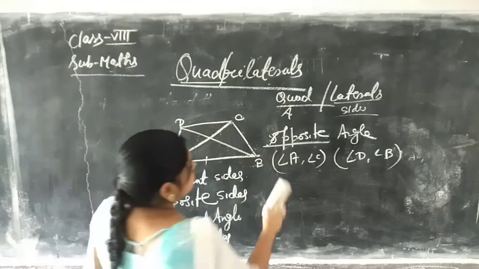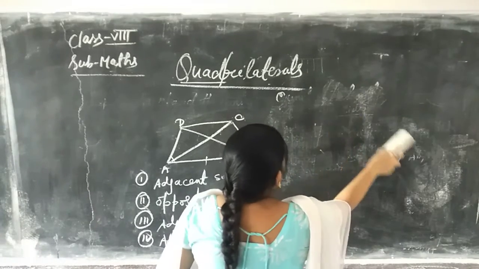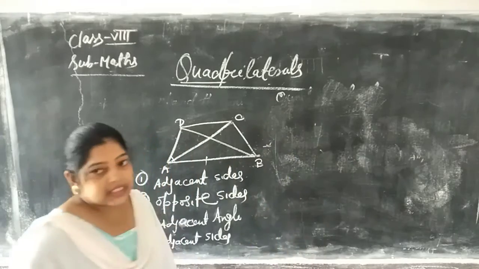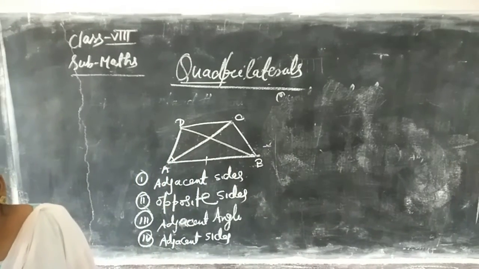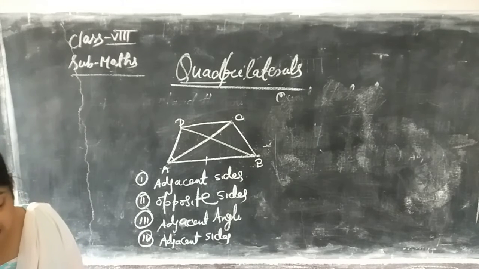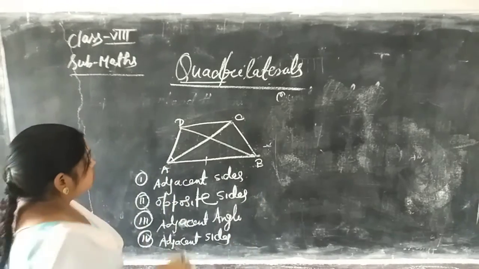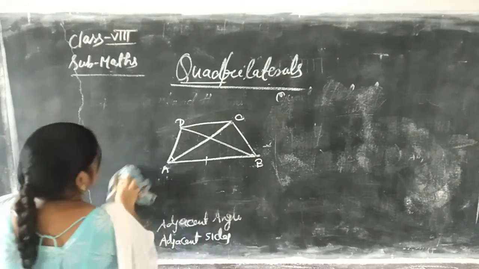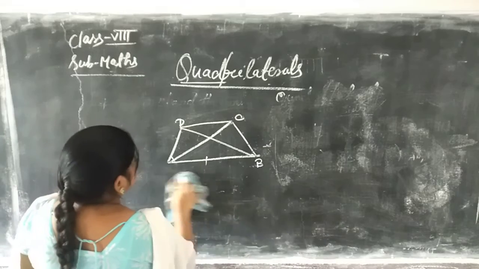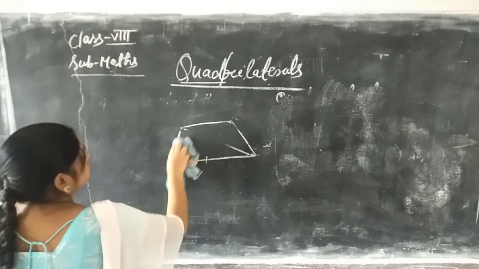Now next, how can we prove that the sum of the angles of a quadrilateral is 360 degrees?